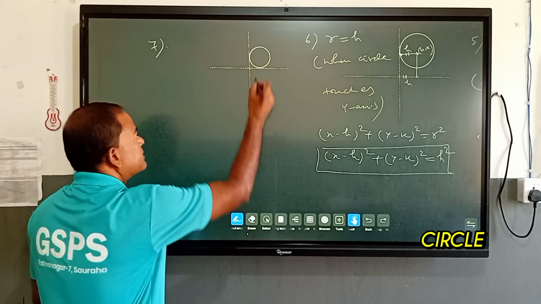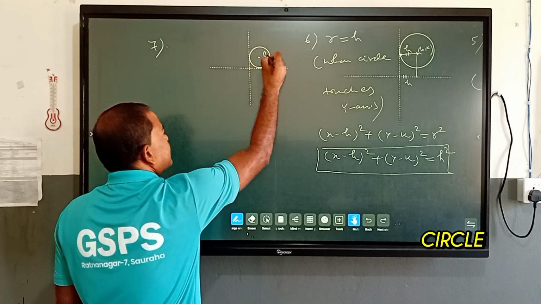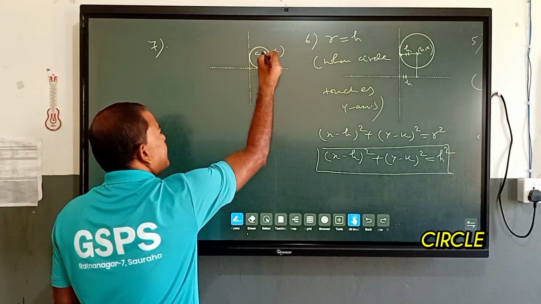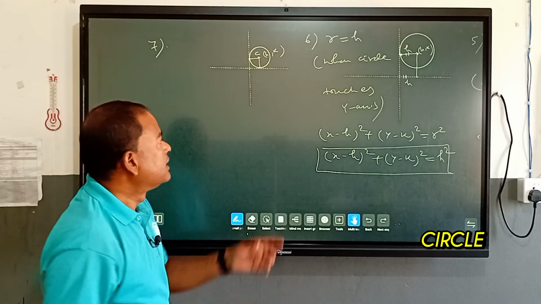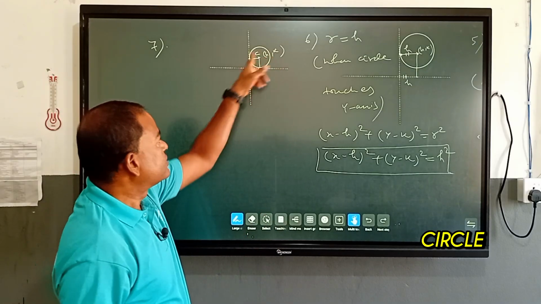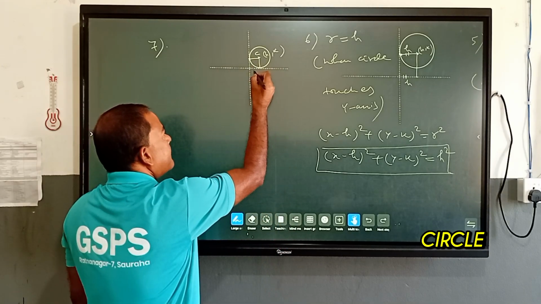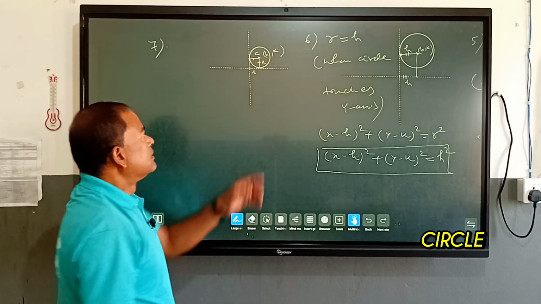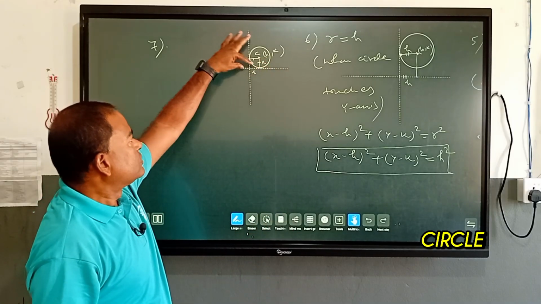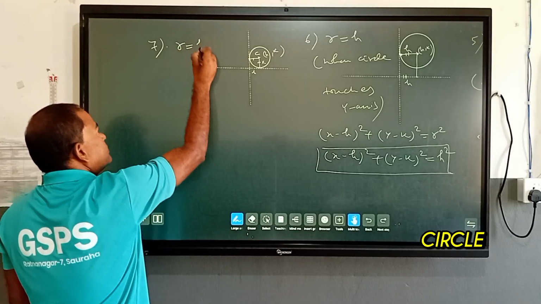So dear students, when the center of the circle is at the point h comma k, and it touches both axes, that means it touches the x-axis and y-axis, then the radius will be equal to h and k both.